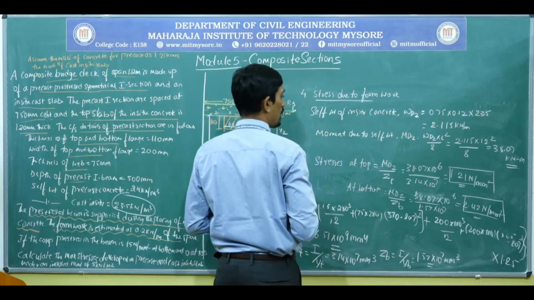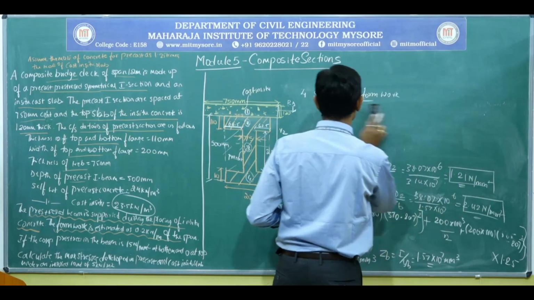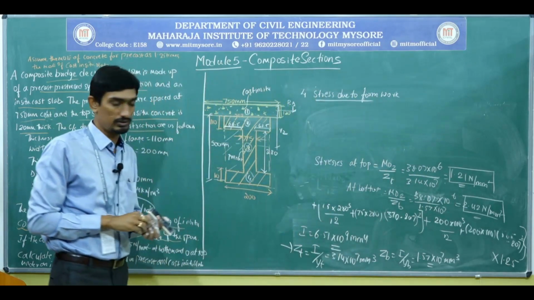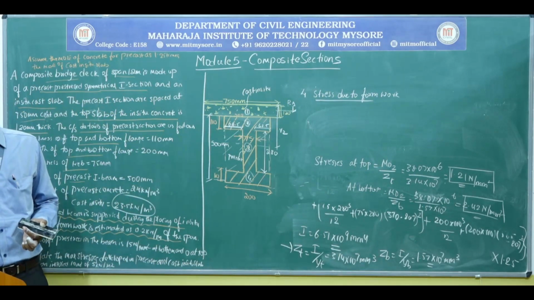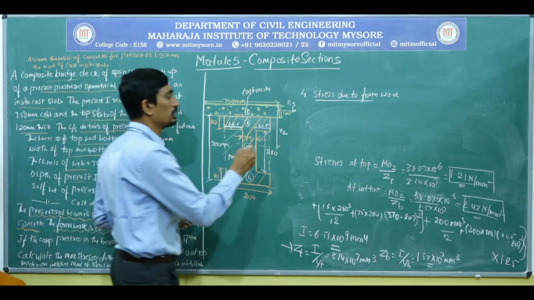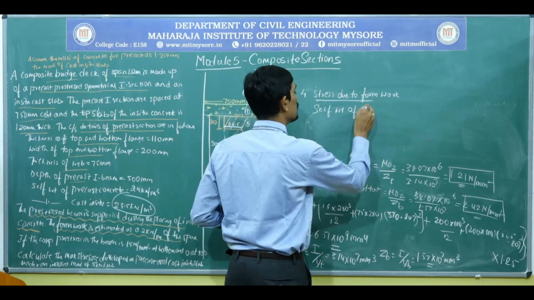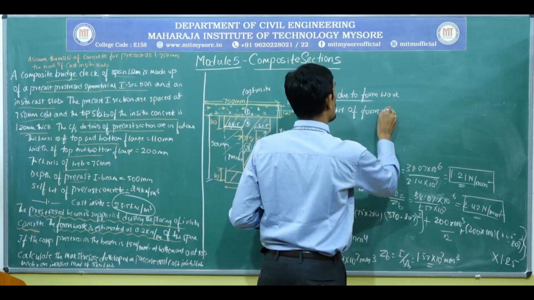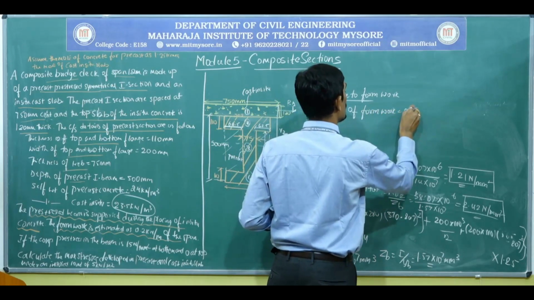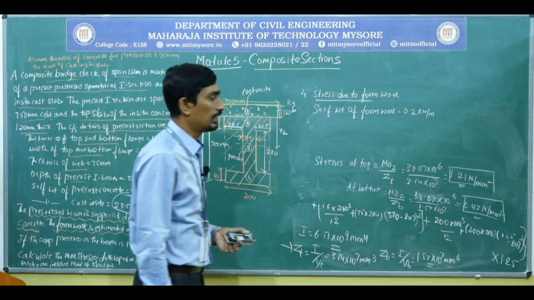So how to go ahead with this? You already know the self-weight of formwork. They have given it as 0.2, so write down that self-weight of formwork is equal to 0.2 kilonewton per meter.